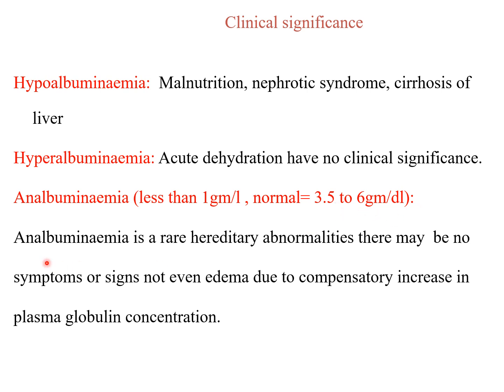Analbuminemia is a rare hereditary abnormality where there may not be any symptoms or signs, not even edema, due to compensatory increase in plasma globulin concentration. While in hypoalbuminemia, there is a lot of edema present all through the body, or bipedal edema is very marked.